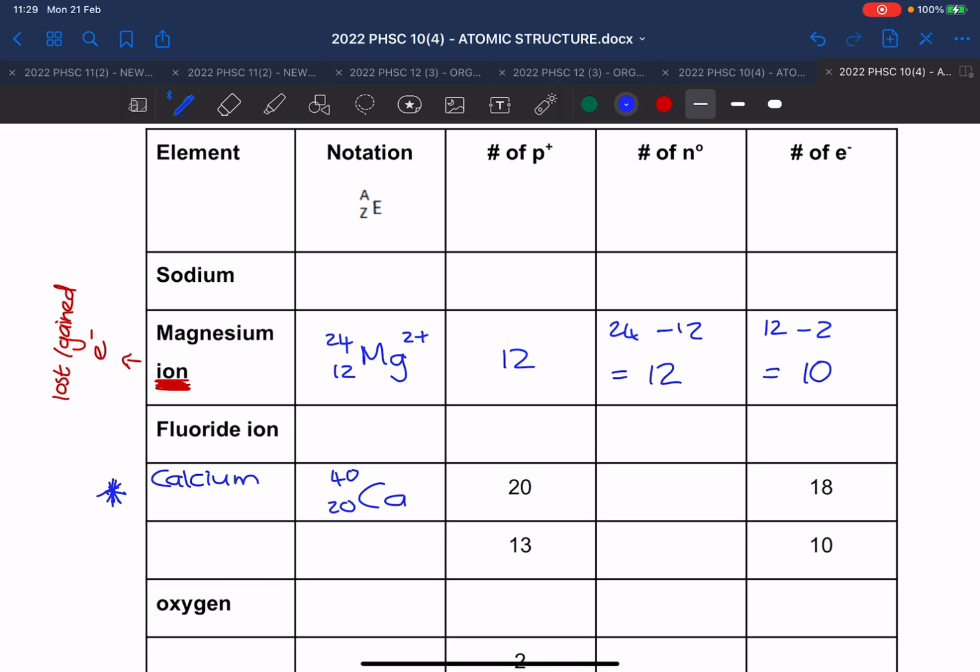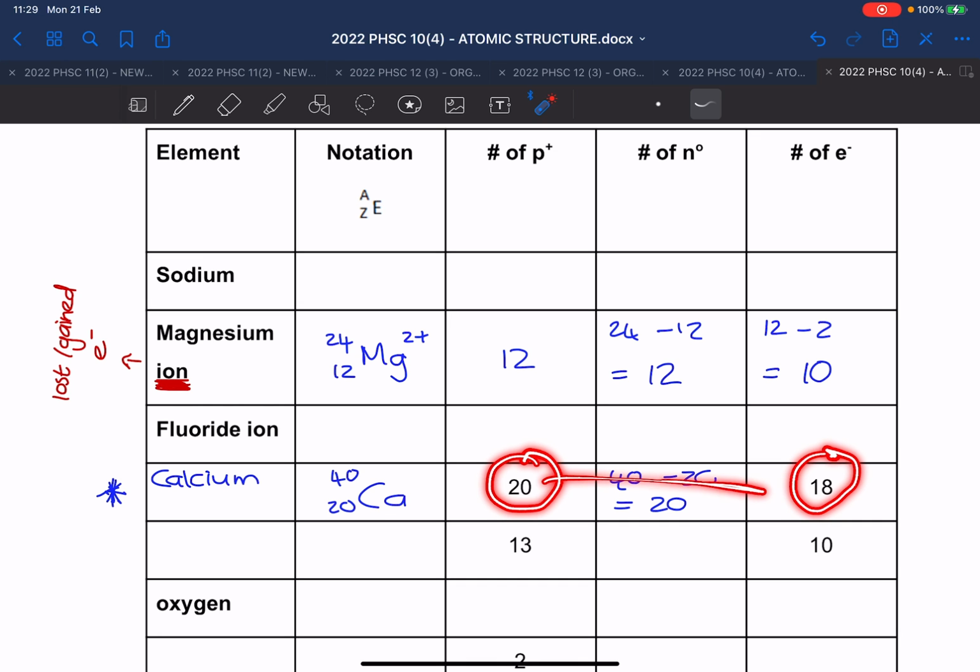Alright, how many neutrons does calcium have? How did you get to 20? 40 minus 20. Yes. Now they tell you that it has 18 electrons, but it has 20 protons.